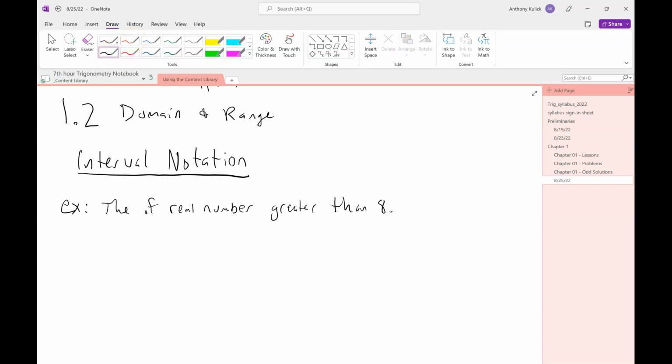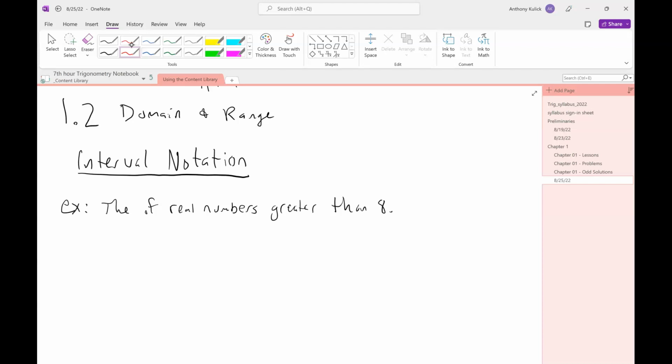When I say real numbers, what does that mean? So there are 4 fundamental sets of numbers. There's your integers, your positive and negative whole numbers.